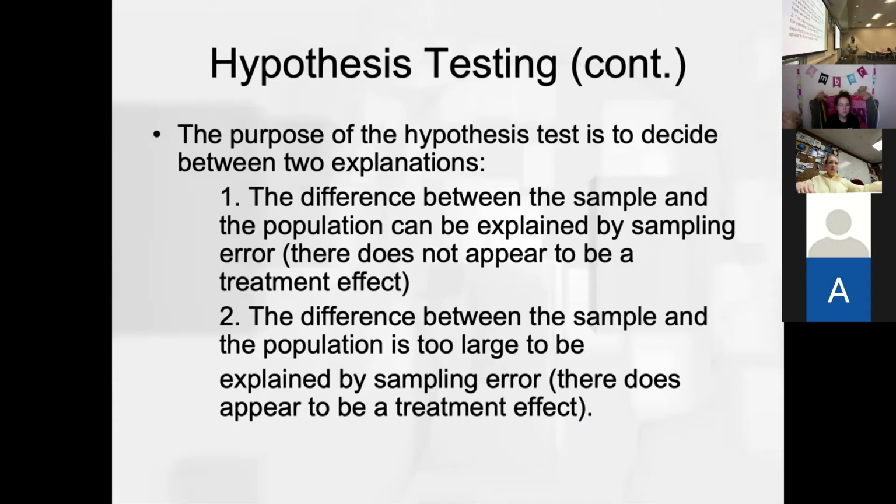And so the purpose of doing a hypothesis test is to decide between two explanations. One, that any difference between the sample and the population can be explained just from sampling error, just from those inherent differences you get.